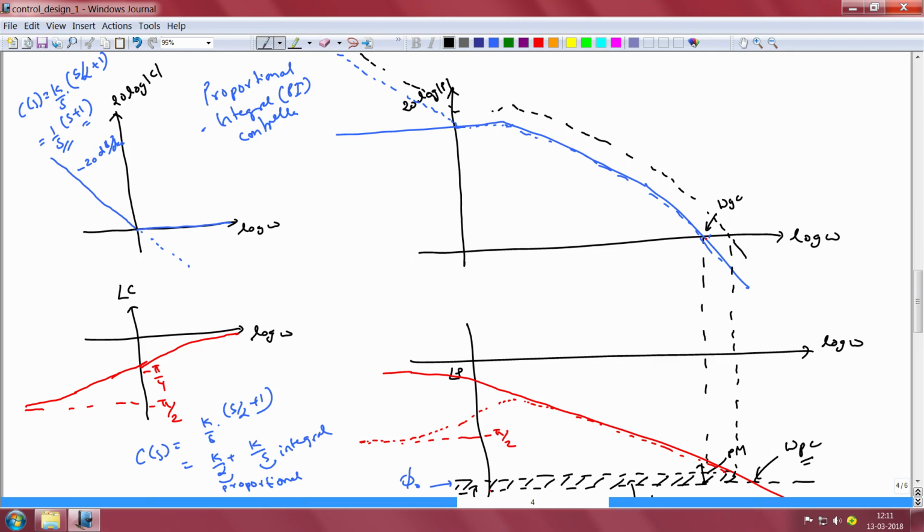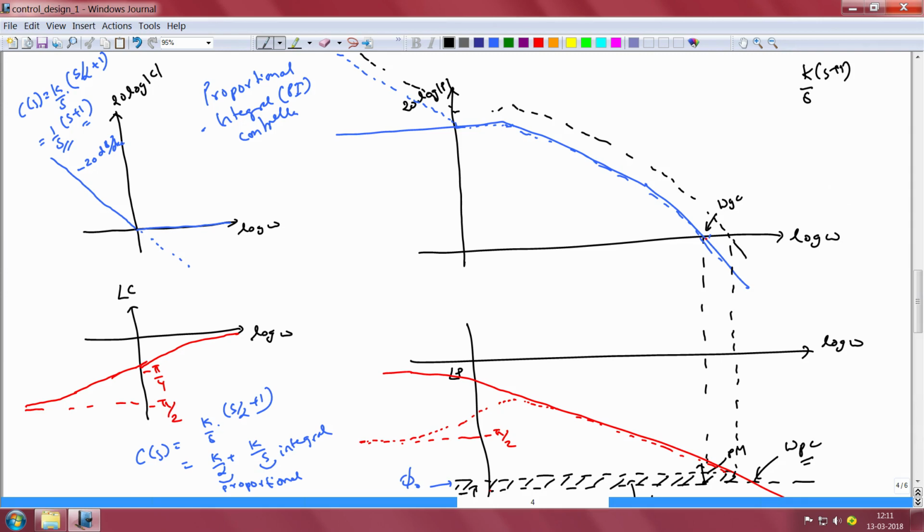So our controller can look like k by s times s plus 1, where k is that little bit of increment in gain that can be achieved on account of the small difference between the phase margin of the plant and the minimum phase margin that we have set for ourselves. This is the best that we can do with a PI controller. We cannot increase the gain any further.